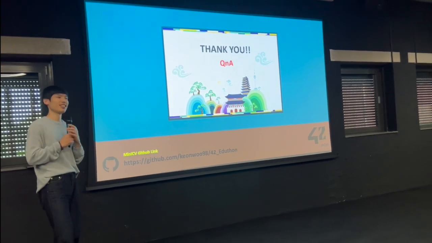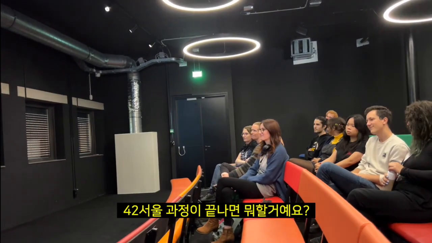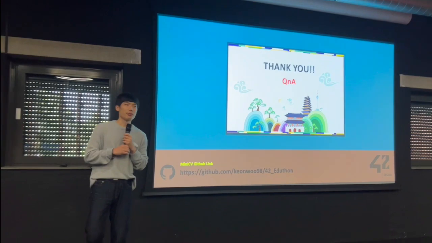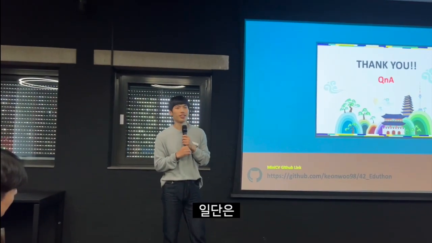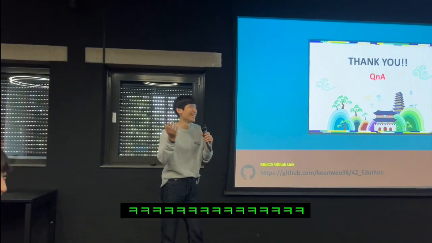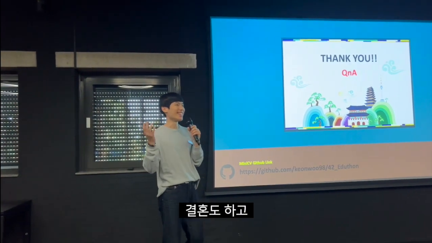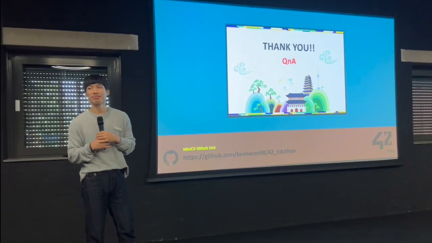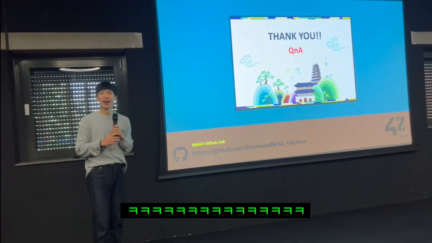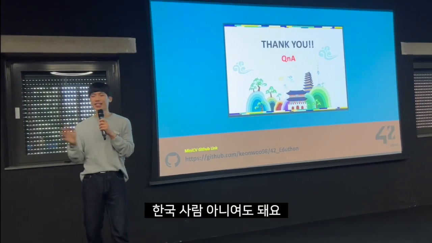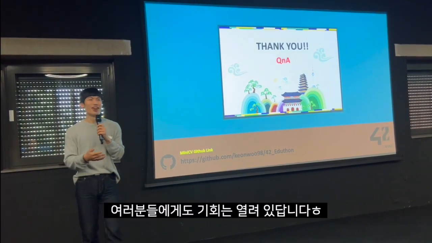And now I'm here. And what do you want to do after 42? Oh, after 42. Maybe I should try to get a job and get a girlfriend and marry and raise my child. What kind of girlfriend? It doesn't have to be Korean.